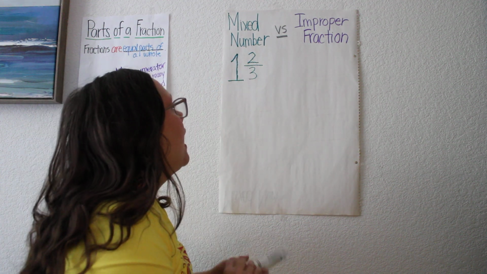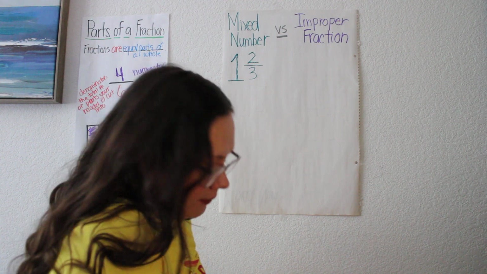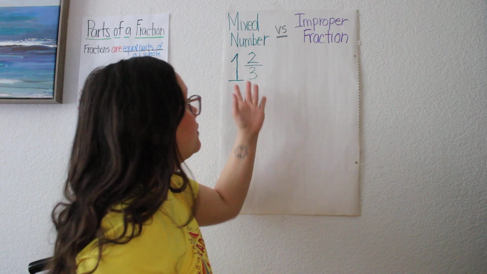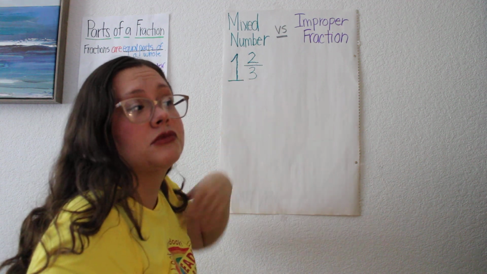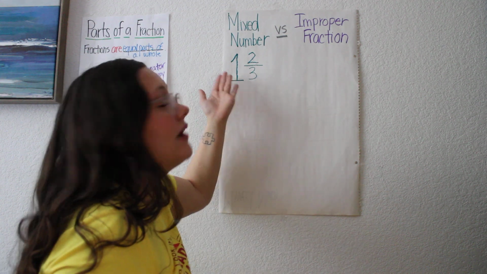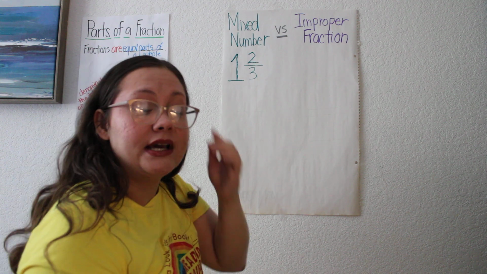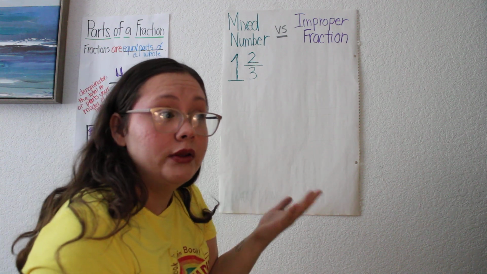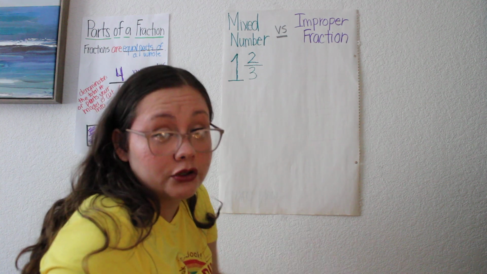Anyways, I need to now take this mixed number and represent it with a model. Well, first of all, in a mixed number, is that going to be more than or less than a whole? It's going to be more than a whole. So because I have more than a whole, I'm going to need more than just one whole fraction model. Would you agree?